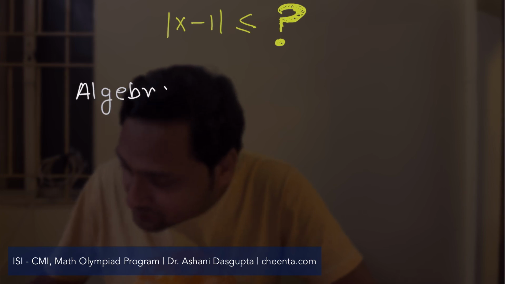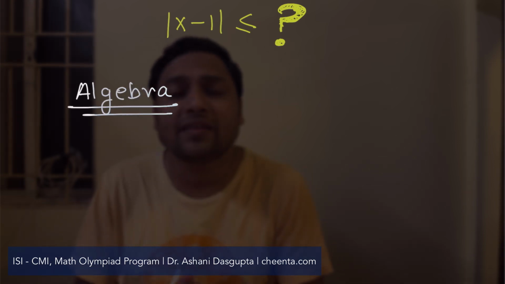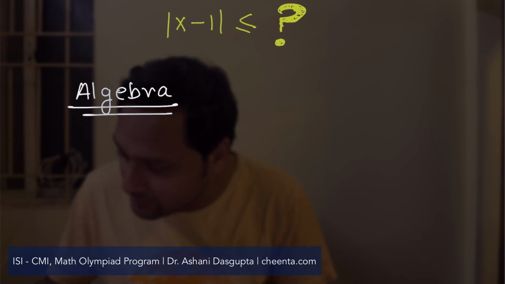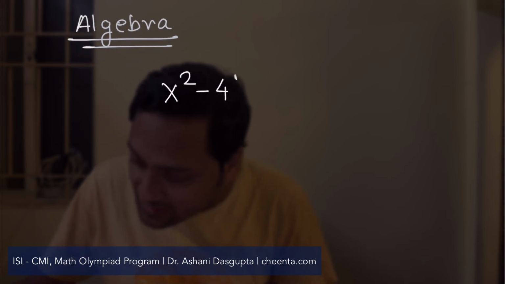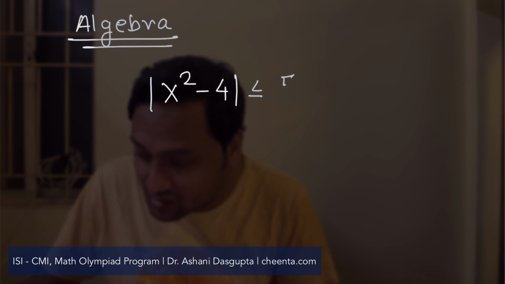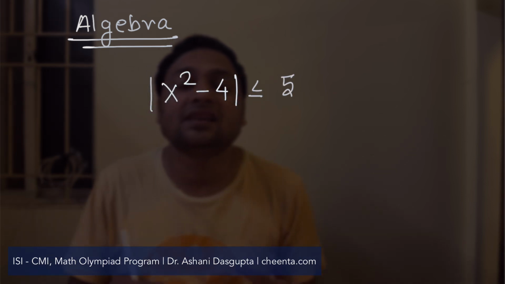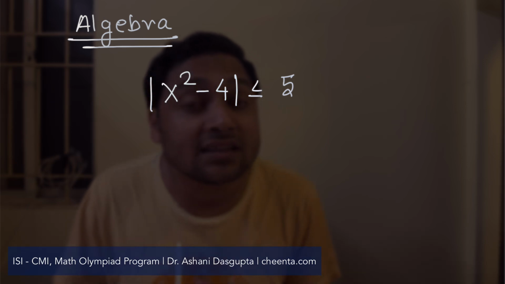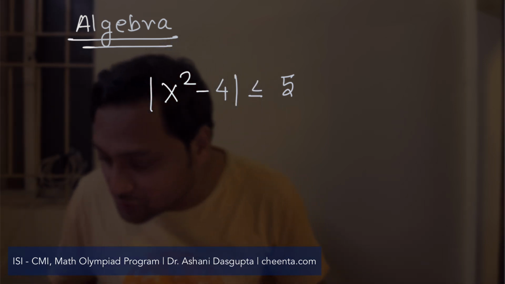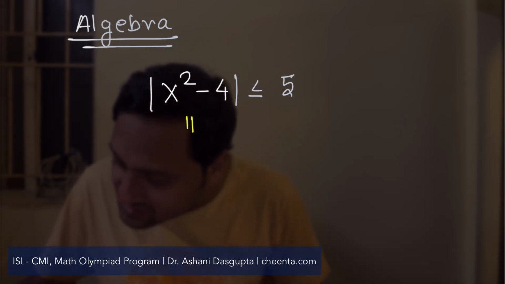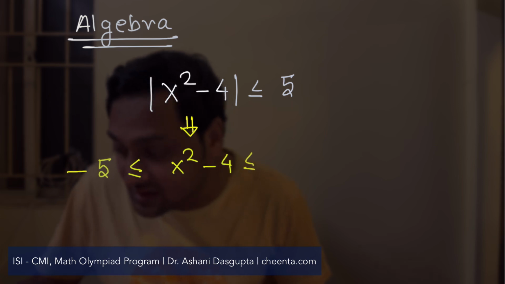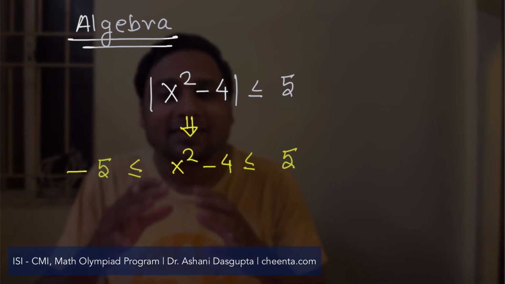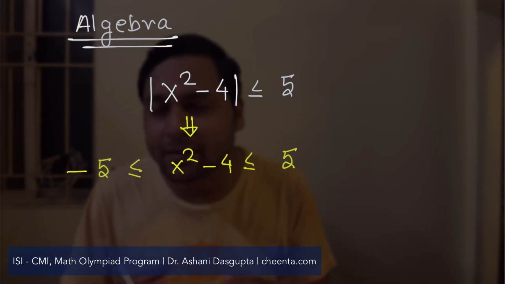How to deal with absolute value functions? Well, you take the absolute value of x squared minus 4 less than or equal to 5 and convert this into a two-sided inequality. This is the same as negative 5 less than or equal to x squared minus 4 less than or equal to 5. This is a very standard step.